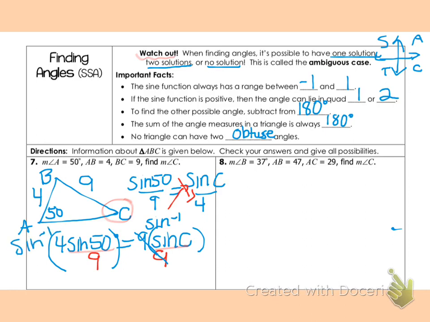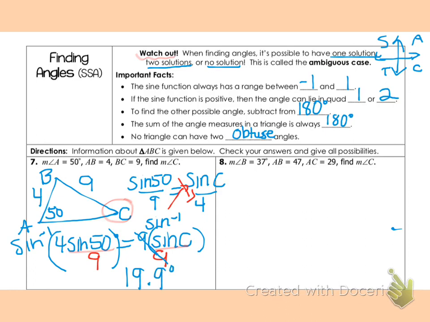So I could just do the inverse sine of 4 times the sine of 50 divided by 9. And that gives me about 19.9 degrees. Did it say where to round to? We're just going to go with 19.9 degrees.